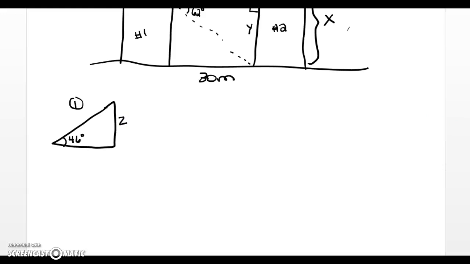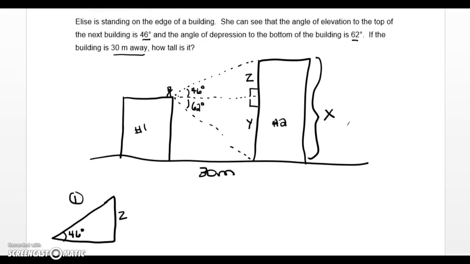Here we have an angle, so we need to use one of the trigonometric ratios, but we need to have another side. We have an angle and an unknown side, but now we need another side in order to actually use that ratio. So let's go back up to our diagram. In theory, assuming our buildings are perfectly built, the distance from the bottom of your building should be the same as the distance at the top.